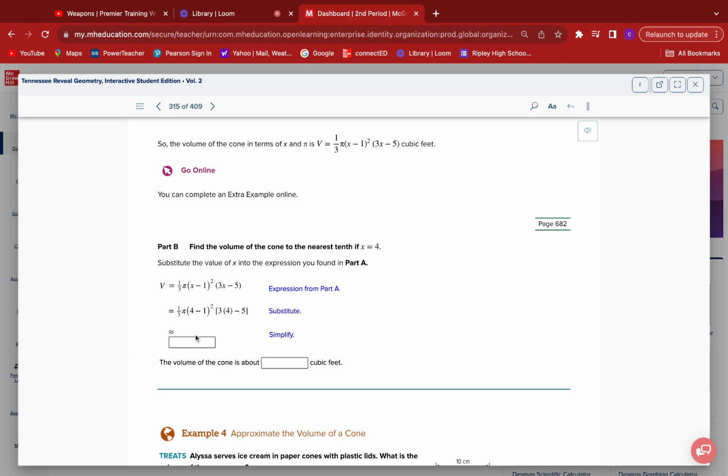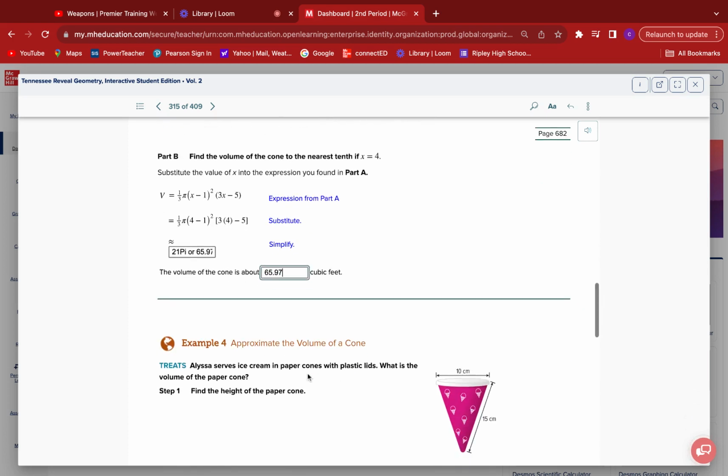Yeah, 21 pi. Or, let's see, that would be approximately 65.97 cubic feet. All right, so again, I prefer the pi's to be 21 pi, 65.97 cubic feet. Okay, moving on.